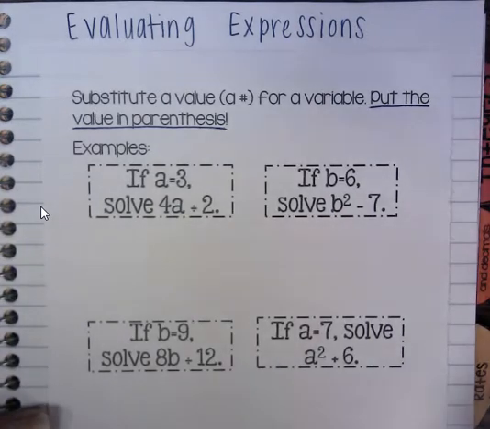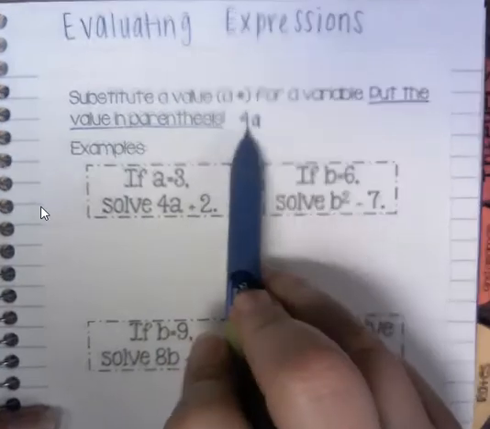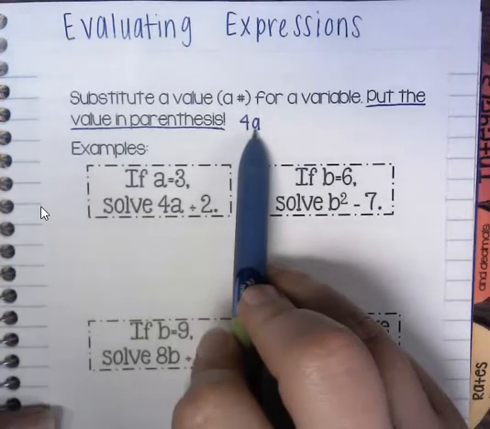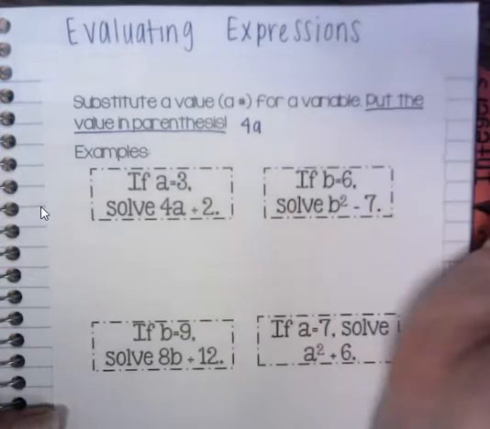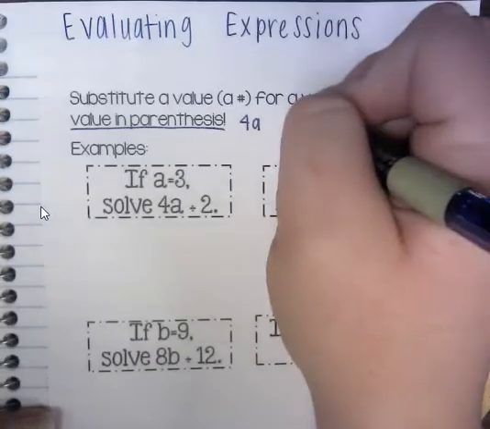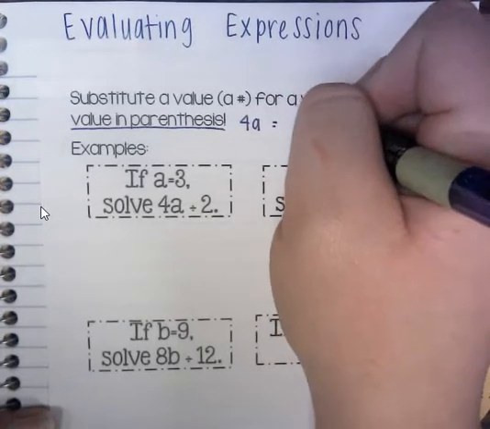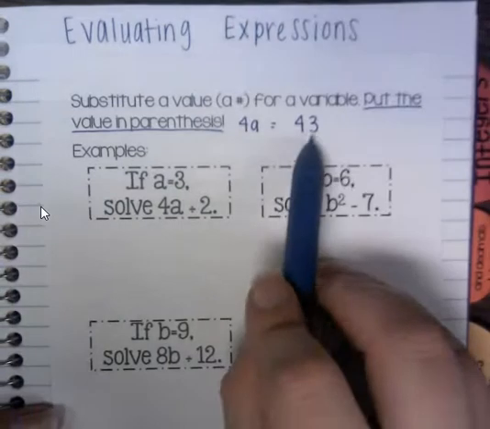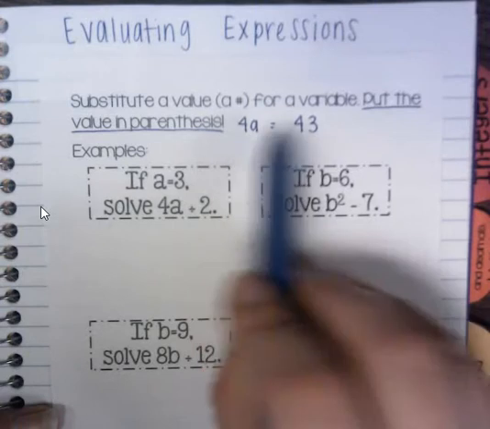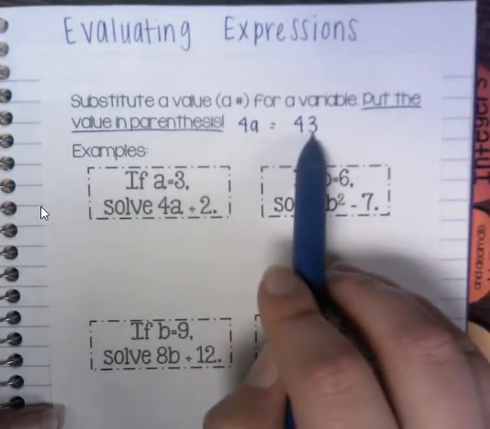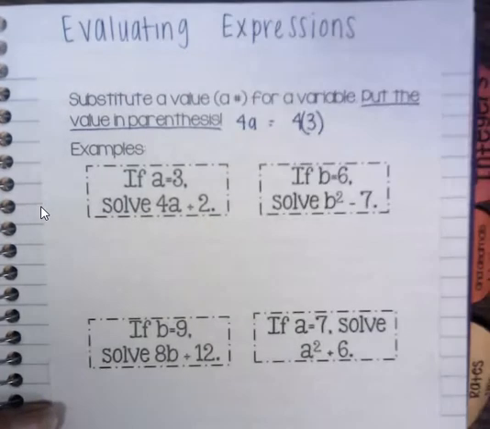Well, if I have 4A, you know that I'm multiplying 4 times A. However, if I told you A equals 3 and you did not put it in parentheses, you just wrote it as 4, 3, you would not know to multiply those two things together like you would over here. This just looks like 43. So you have to put it in parentheses before you can solve it.